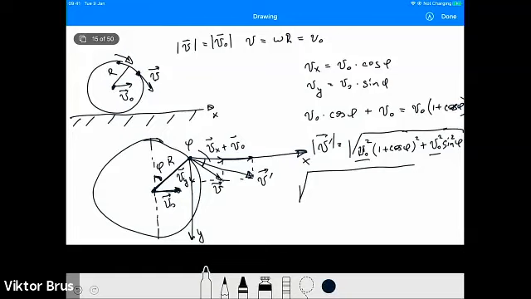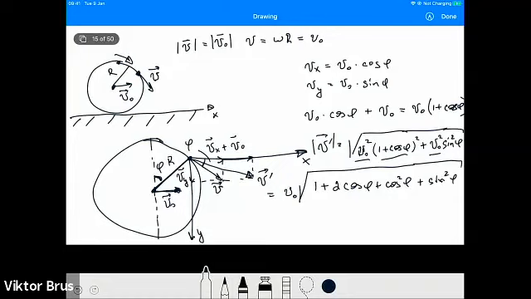So we put it outside the square root, and we have here 1 plus 2 cosinus phi plus cosinus square phi, which is we open this parenthesis here, and plus sinus square phi.